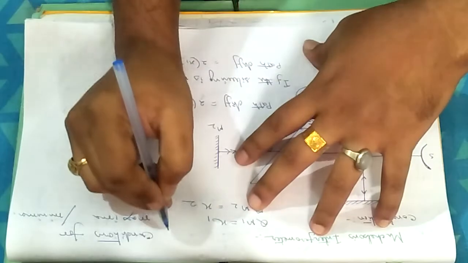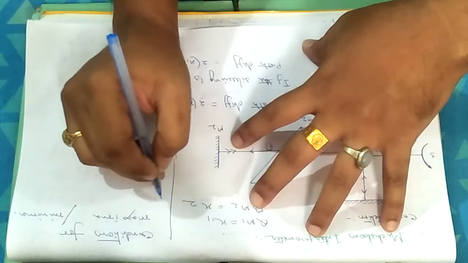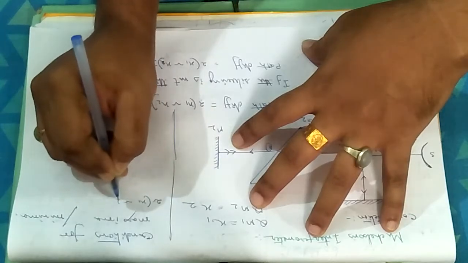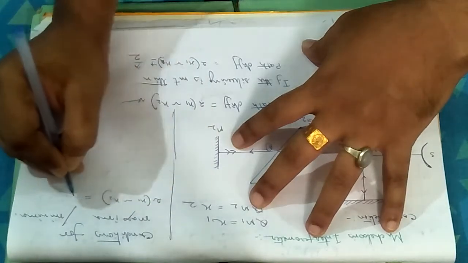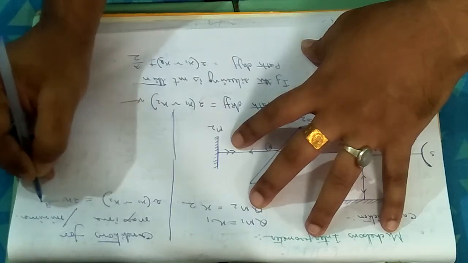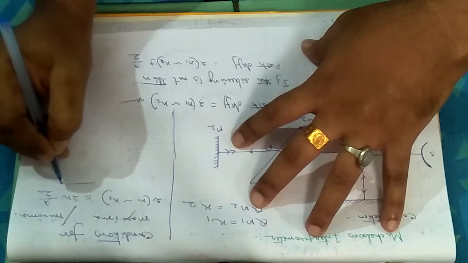If it is an odd multiple of lambda by 2, you are expecting darkness. So you have written the path difference already. From the path difference you can write: if twice x1 difference x2 becomes twice n into lambda by 2, that is an even multiple of lambda by 2, then you are getting a bright fringe.